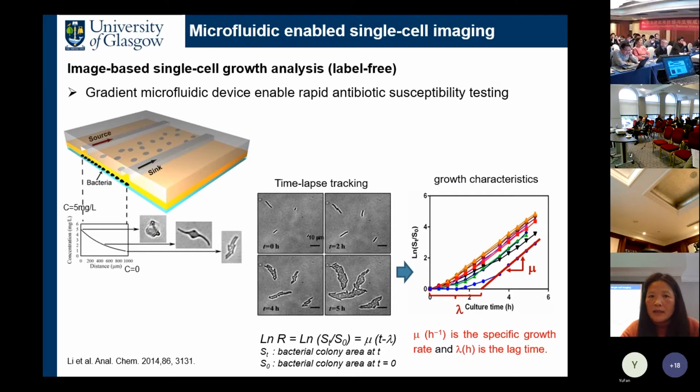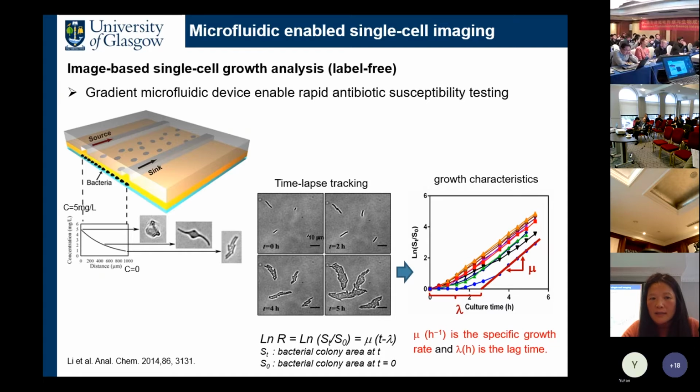Let me give you an example. As I just mentioned, traditionally antibiotic susceptibility tests take a long time because they require a large population of cells. So a while ago, we started to look at this problem and tried to explore a single cell approach to develop a rapid AST test.